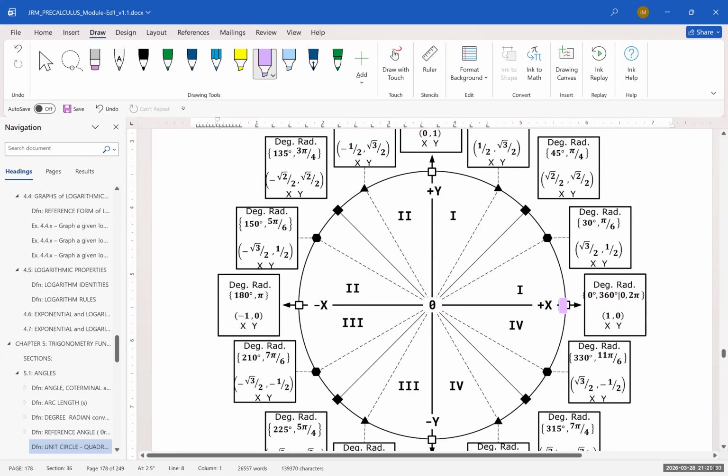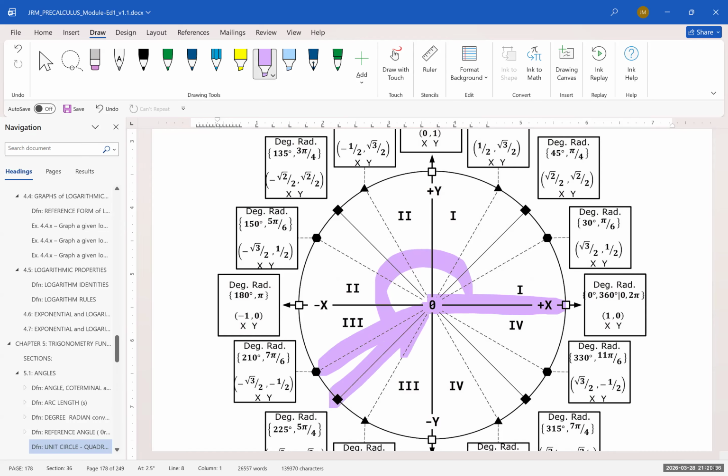So is the angle going from the initial side here, all the way around to here, here, or here? And therefore, it's in quadrant 3. Or, starting from this initial side, is the angle of interest going all the way around and terminating here, here, or here in quadrant 4?